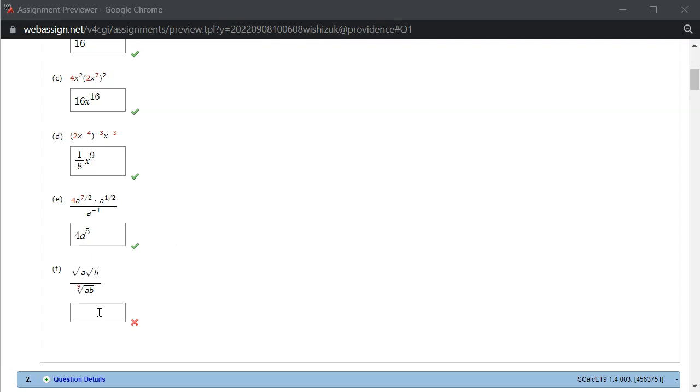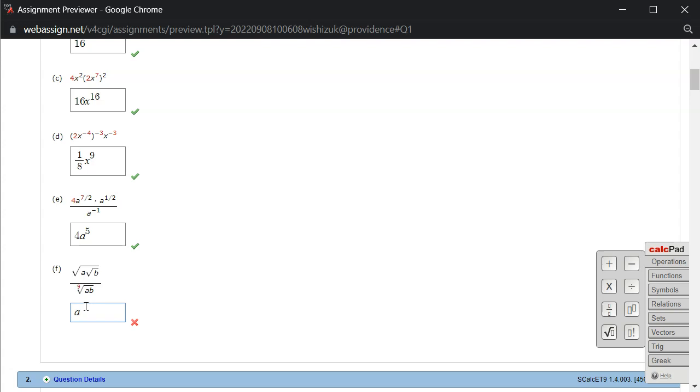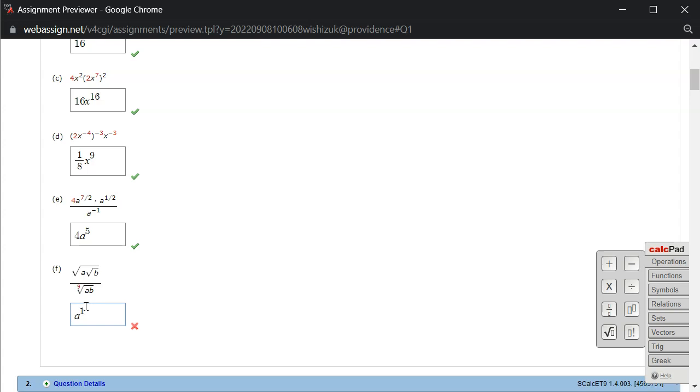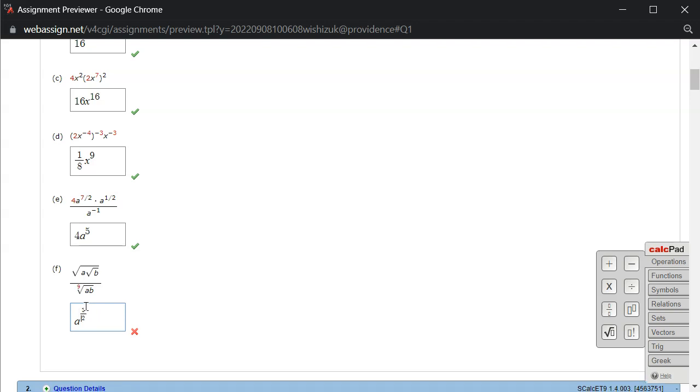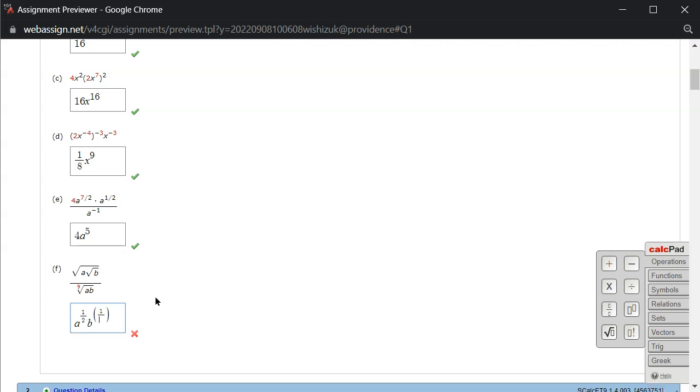Our last part, part F. For the numerator, we distribute this 1/2 power. So you have a to the 1/2 power, and then you multiply by b to the 1/2 power, and then you distribute another 1/2 power, so it's going to be b to the 1/4 power.